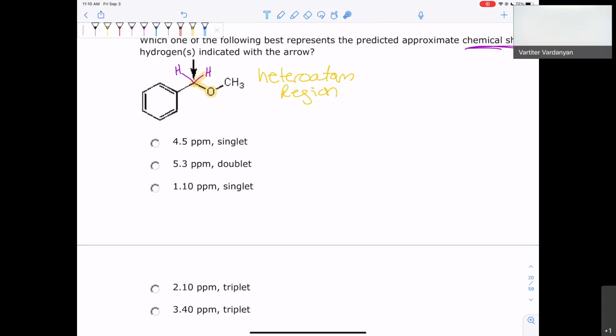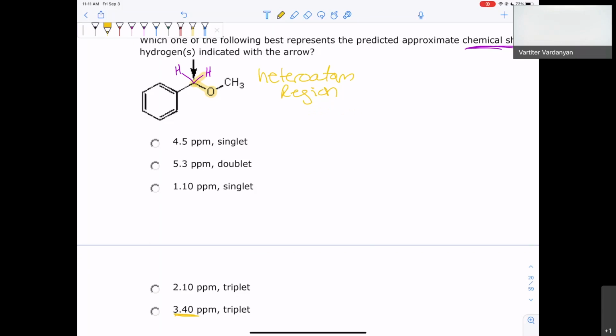I'll repeat the question. If something is directly attached to an oxygen, it's going to be like a 4 because it's de-shielded. If it's attached to a carbon that's attached to an oxygen, is it going to be more de-shielded or more shielded? More shielded, so it's lower. Exactly. I'm going to say around 3.4. That looks good to me.